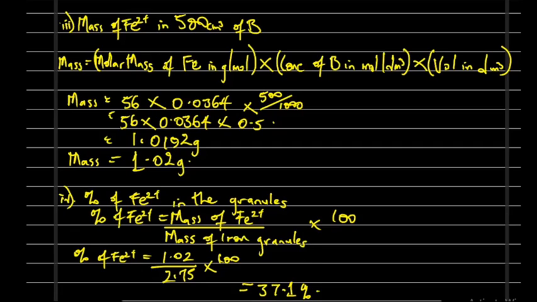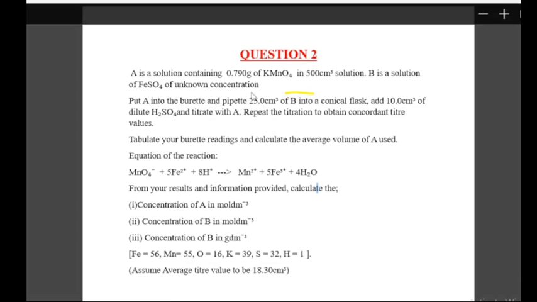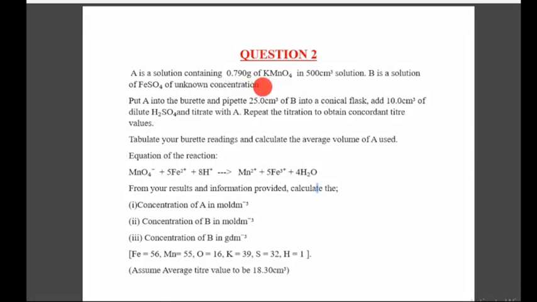So let's move straight to question 2. This is what we have for question 2. It says A is a solution containing 0.790 grams of potassium permanganate in 500 centimeter cube of solution. B is a solution of iron 2 sulfate of unknown concentration.